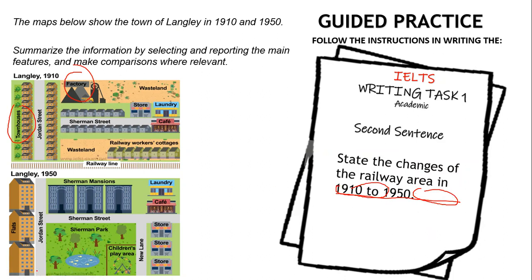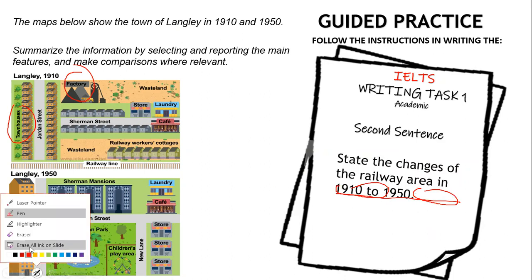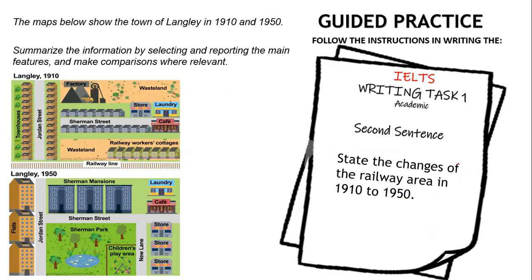All right, so the second sentence here is to state the changes of the railway area in 1910 to 1950. So you can check here the railway area, this one, the railway line. So state the changes of the railway area in 1910 to 1950.